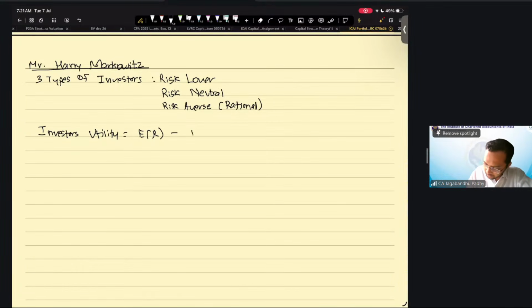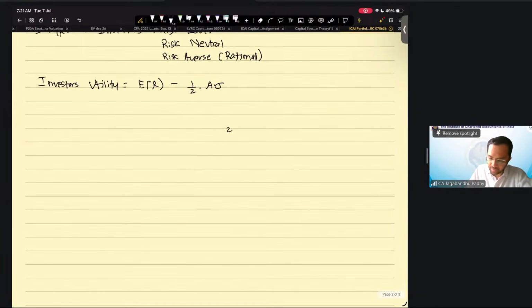So that is going to be half into aversion factor into variance. Investor's utility is going to be expected return minus half into aversion factor into variance, because this is simply going to tell you what is the net level of utility that the investor is expecting.